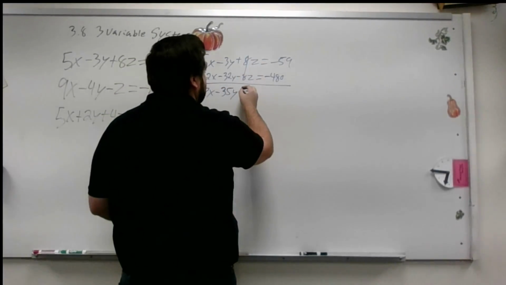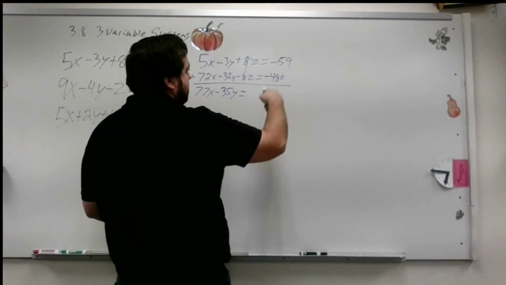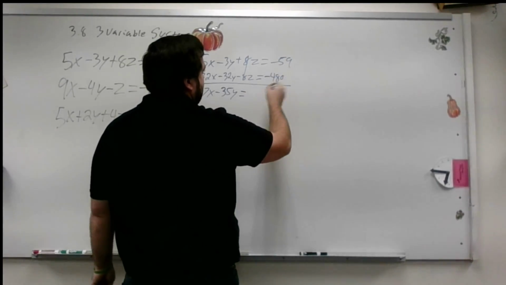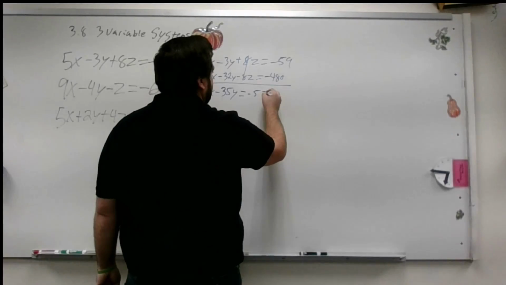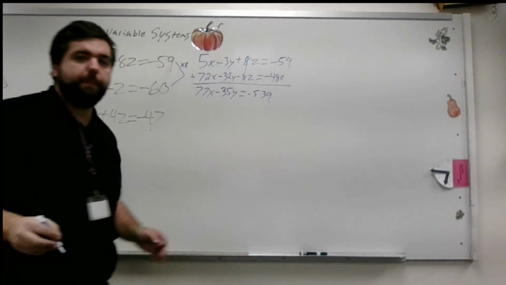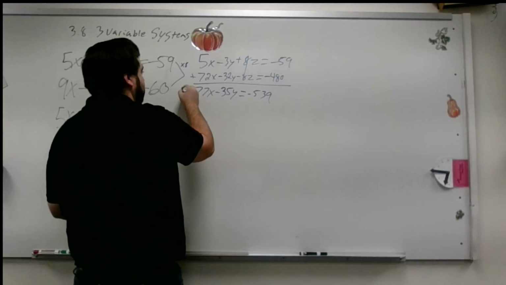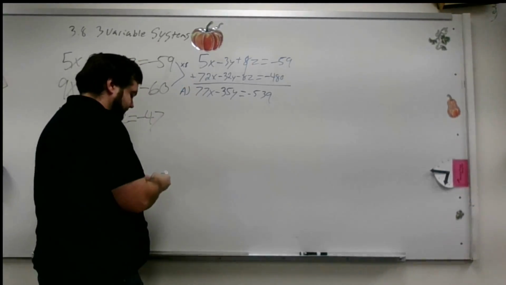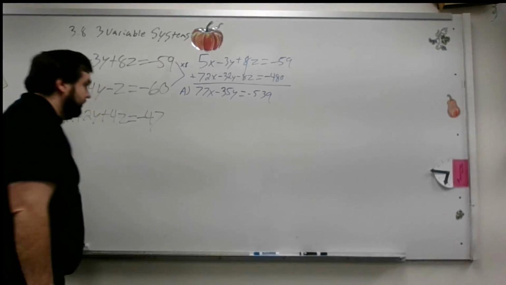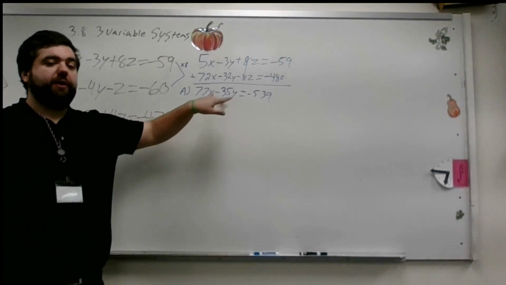Those cancel. And then that's going to give me -539. Right? I now label this and I call it A. Now I have an equation with just two variables and an answer.